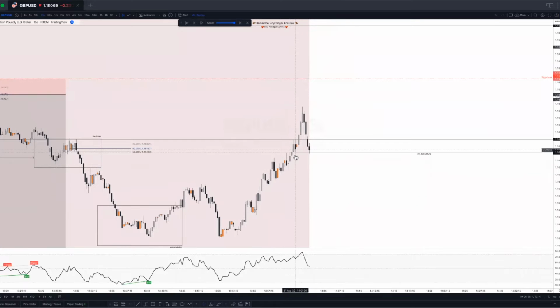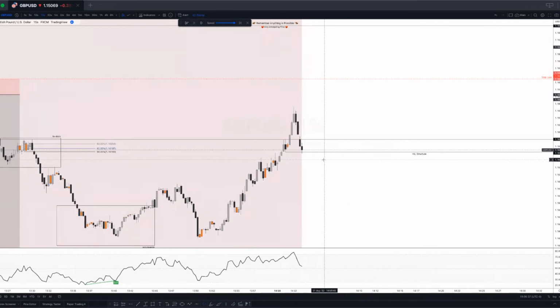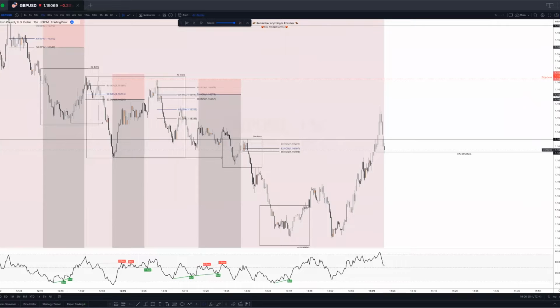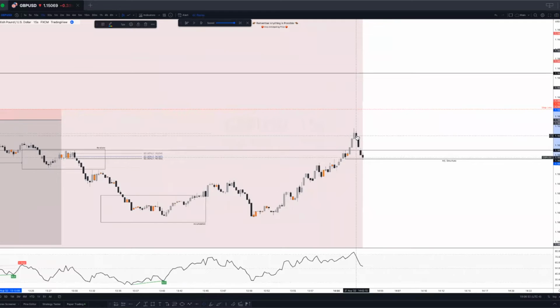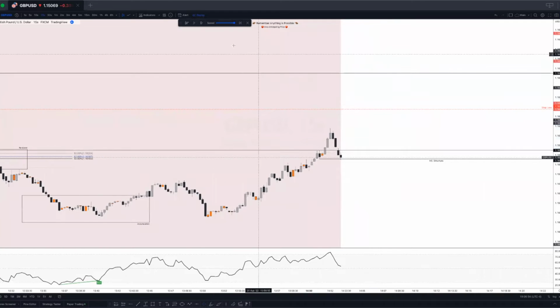And actually, this is the new low. That new low was broken. Came up here to the overall 50% of the whole move here. So let's see what she tells us.